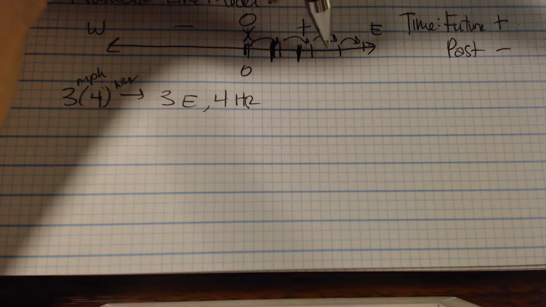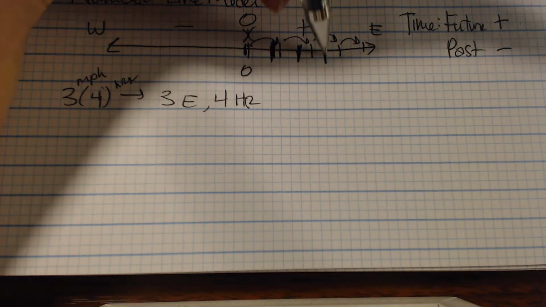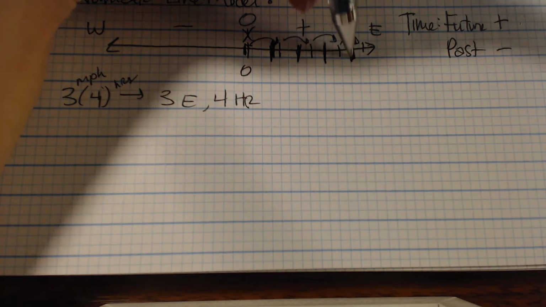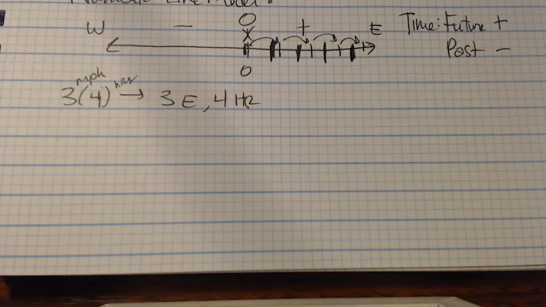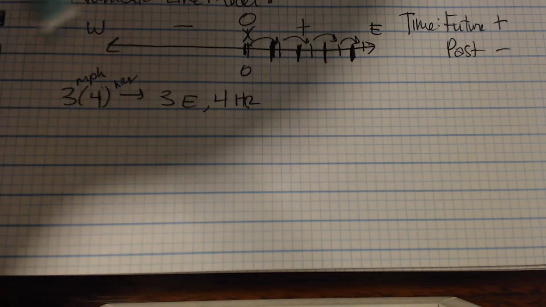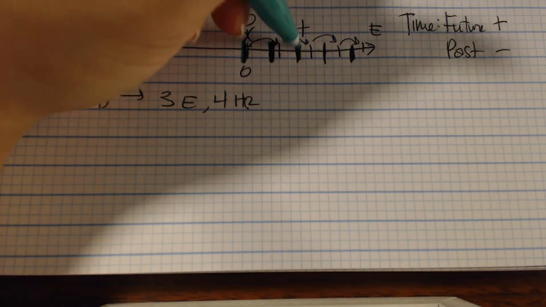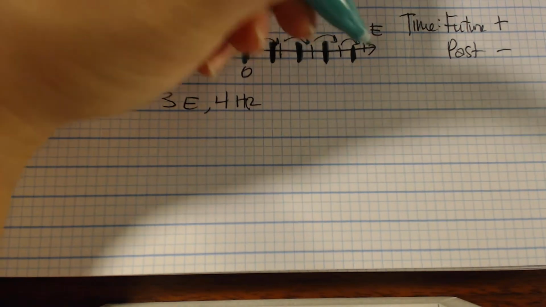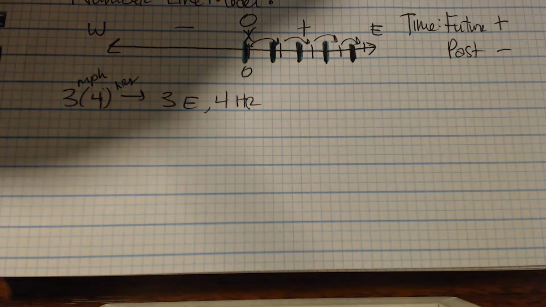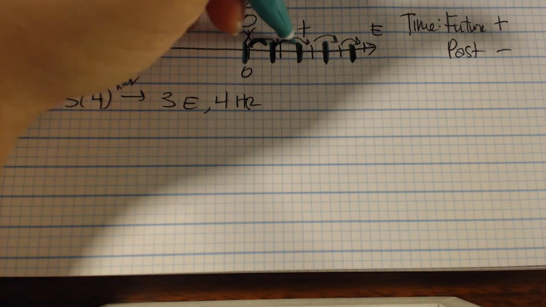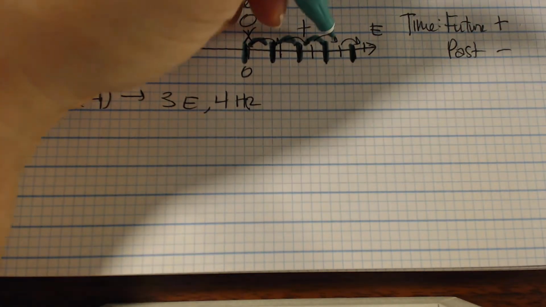And then 1, 2, 3. I'll color it to make it more of a visual in just a second. So there we go. If I really wanted this to be accurate, here is 0. There's the first hour, second hour, third hour, fourth hour. Hopefully that is clearer now. So hour 1, hour 2, hour 3, hour 4.